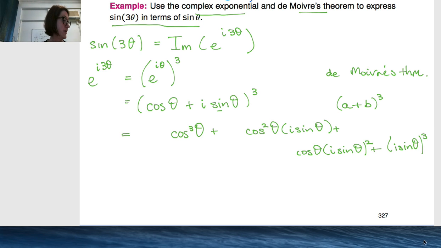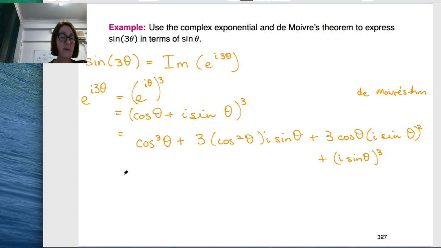Okay, and the only thing we need to do is figure out what the coefficients were, and if you go back to look at your page on Pascal's triangle, you'll find that this term has a coefficient of 1, this one has a coefficient of 3, so does this one, and the last term has a coefficient of 1. So let's expand these terms now.